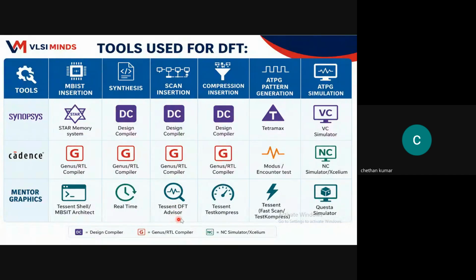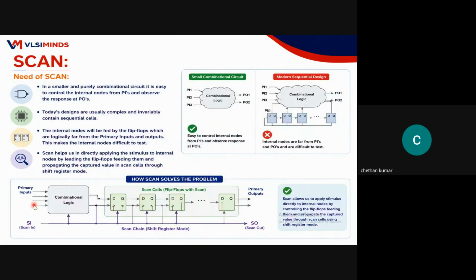The Tessent DFT Advisor is used for scan insertion. TestKompress is used for EDT insertion as well as for ATPG generation. And the Questa simulator is used to validate the patterns which are generated using Mentor Graphics.